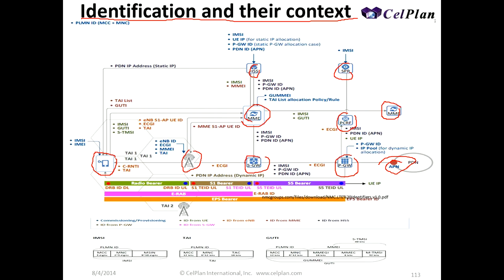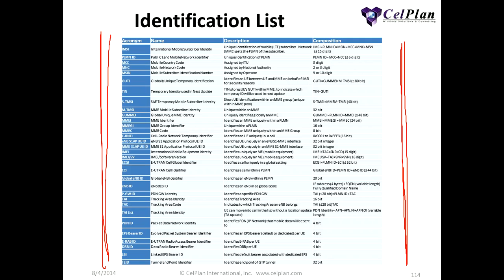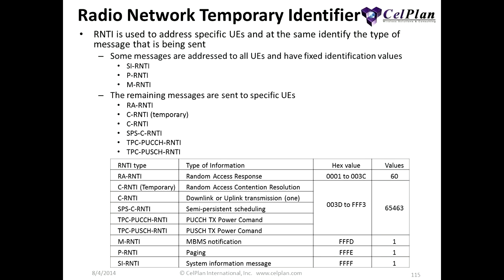Each one of them has different identities, and the identities used in the transactions between those elements may also be different. So here I made a list of possible identities, but of course we don't need to know all of them, we need to know that they exist. So if somebody speaks to you about GUTI or about TMSI, you need to know that it exists. But which are the identities that we are concerned with when we are doing planning? Those are the identities that we are concerned with.